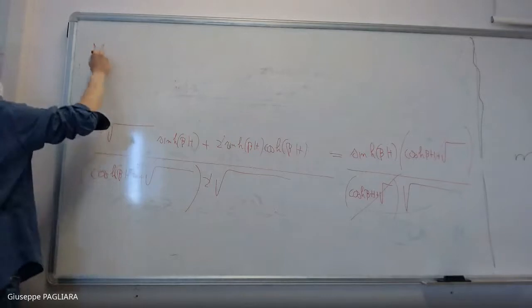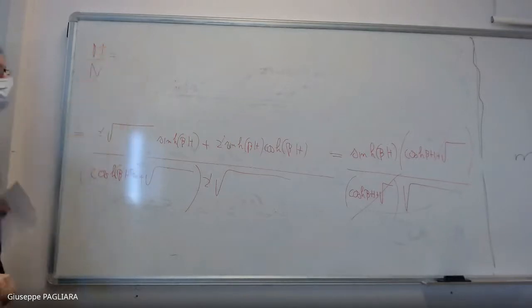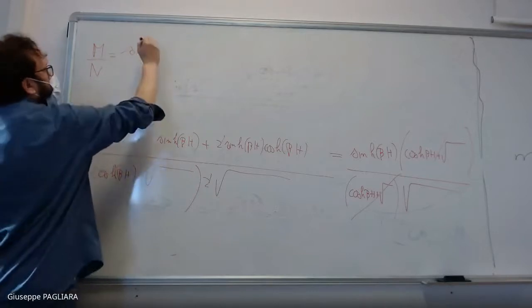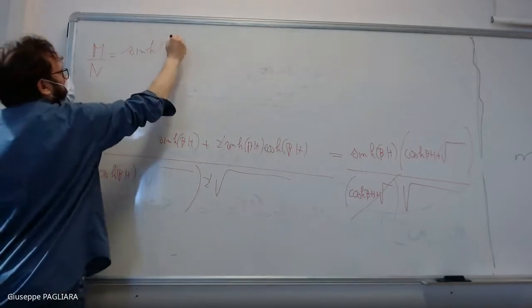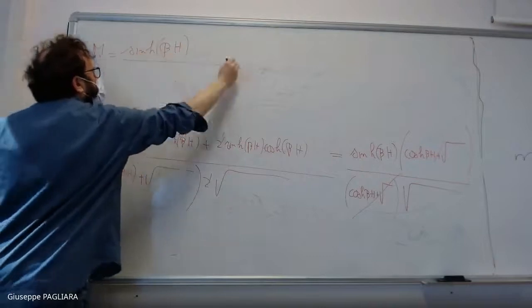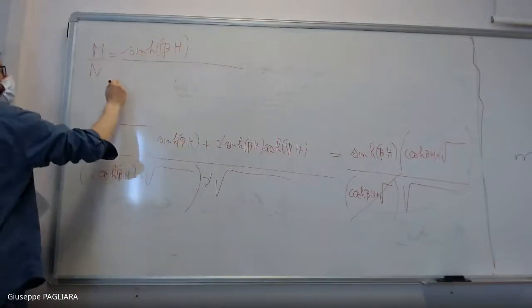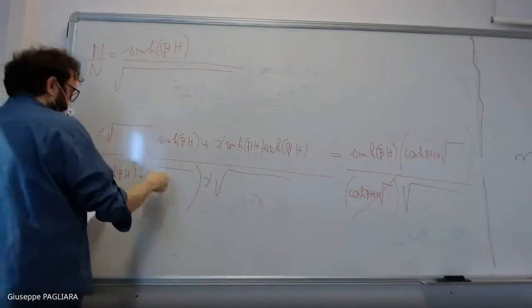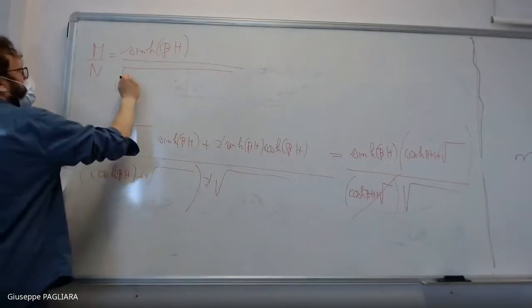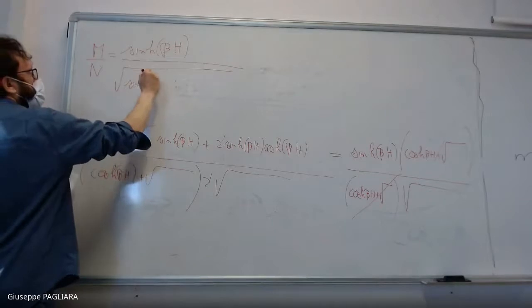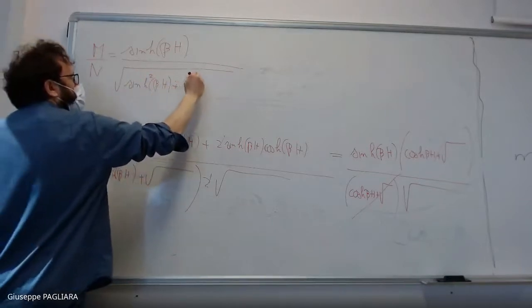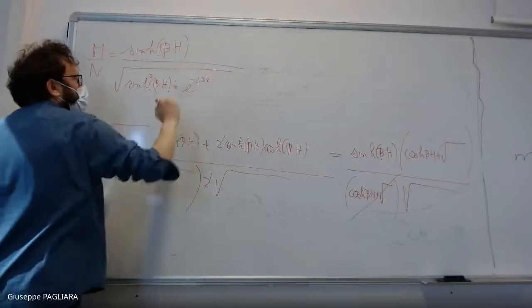So m divided by n is equal to sinh beta h. Here I have the square root of what was here, which was the same, cosh squared beta h plus e to the minus 4 beta epsilon.